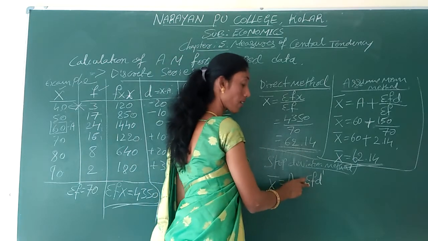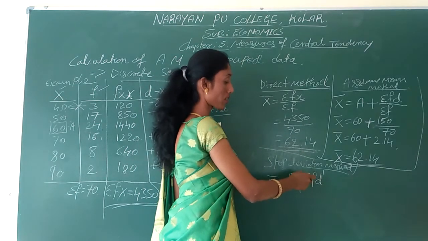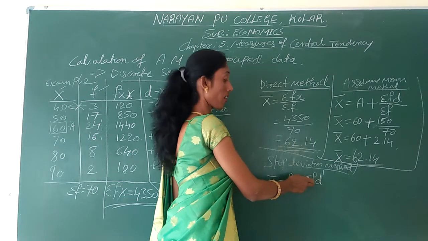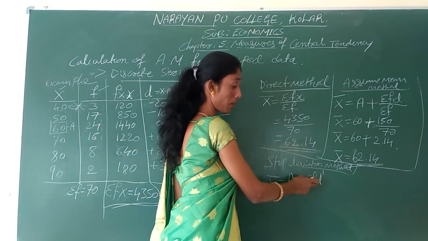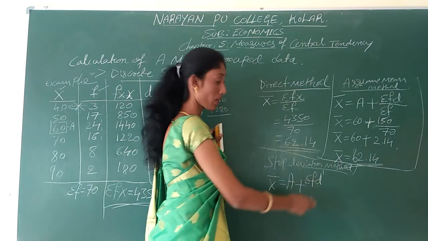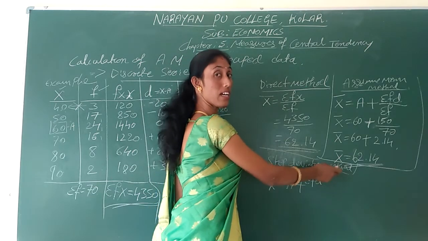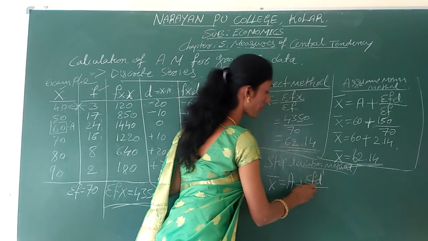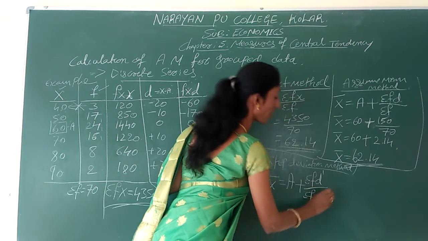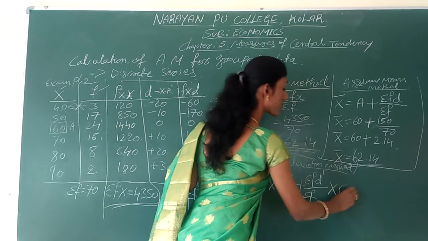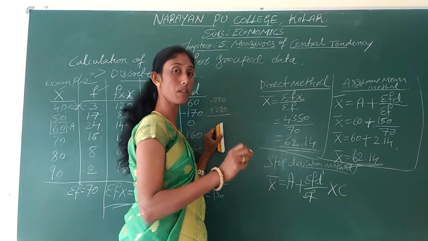Here again what we will do in the step deviation method, we will sum the frequencies multiplied by the d dot, frequencies multiplied by the d dot divided by sigma F into C. C means we already know that common factor.